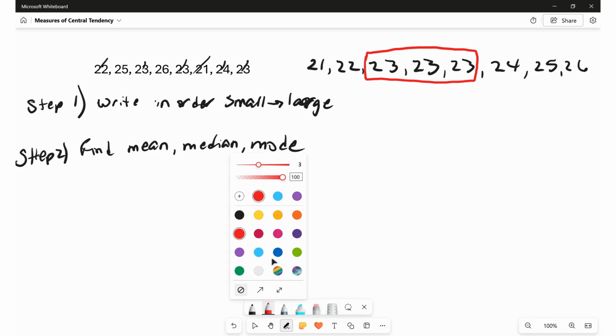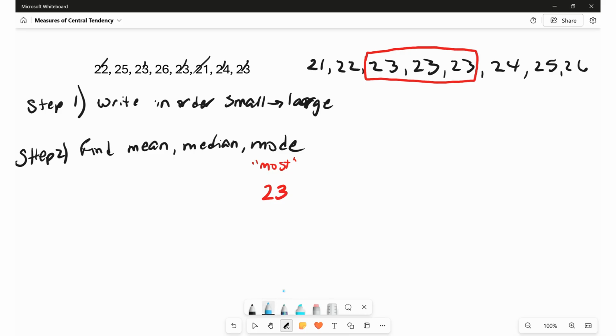Okay. Now, if we want to find the median, we need to find the middle. So to find the middle, I eliminate those. Then I eliminate these. See how I'm doing matching pairs on either side.